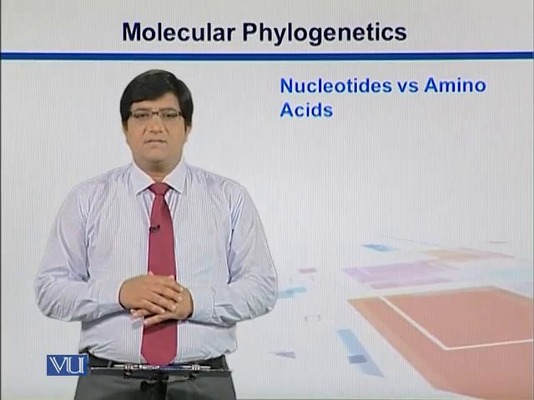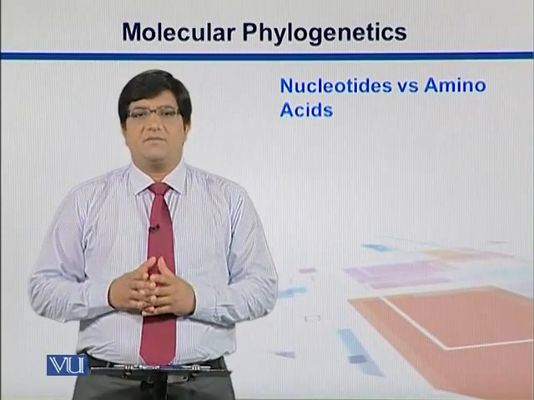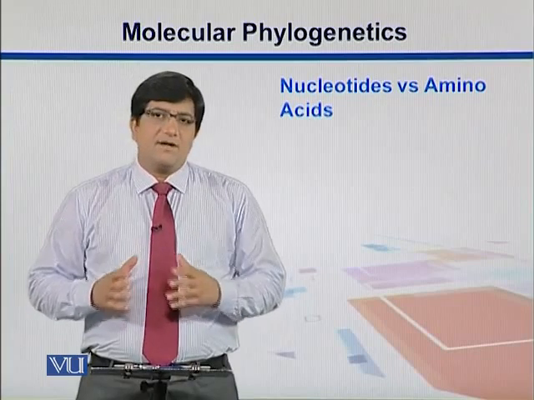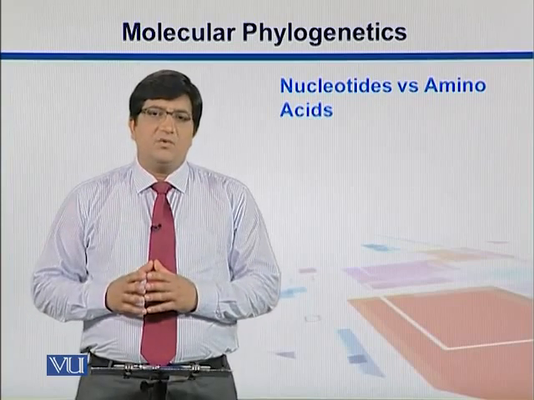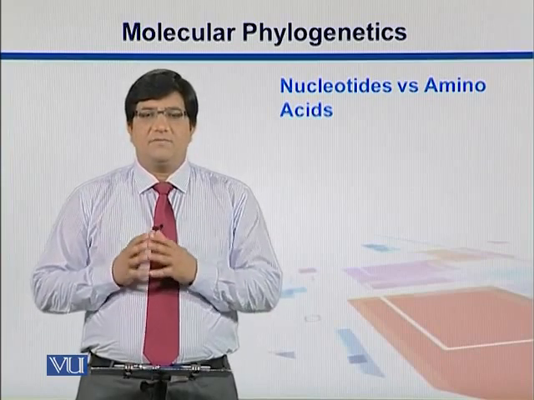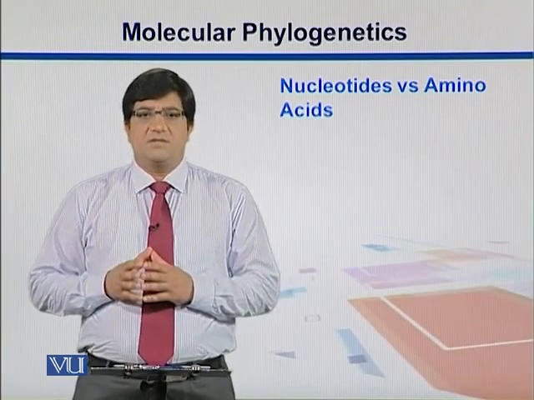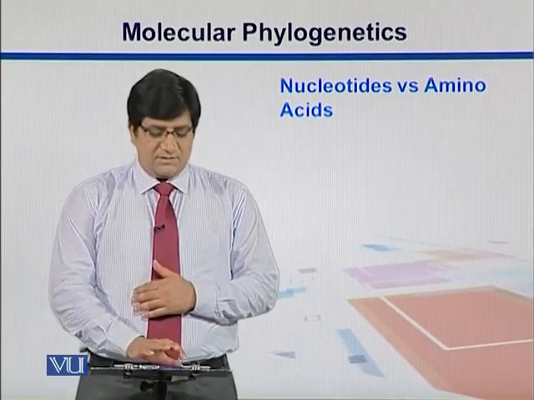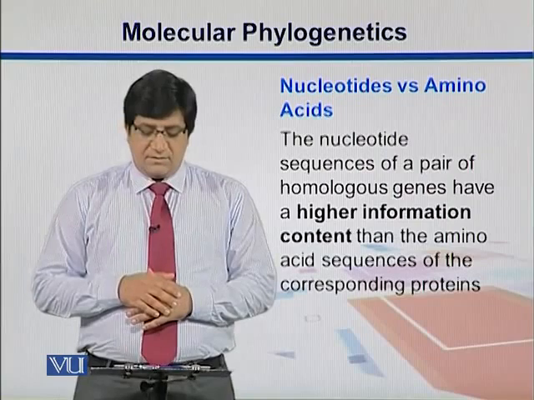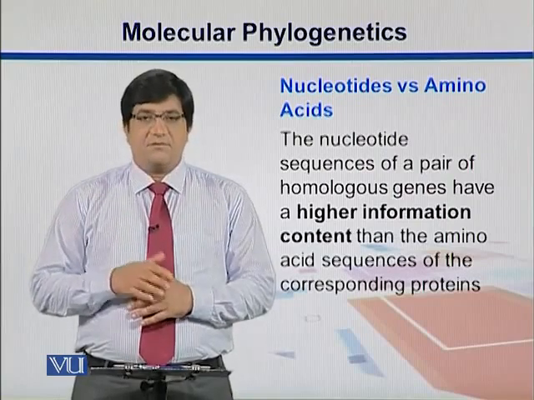So the idea is which one is more informative, where we can expect more divergences, more patterns, or where we can find the differences between two species, that is the good one. So in this case, the nucleotide sequences have higher information content than amino acids.